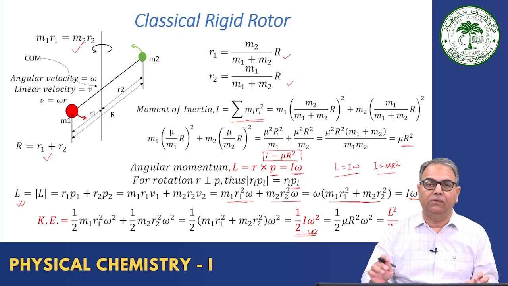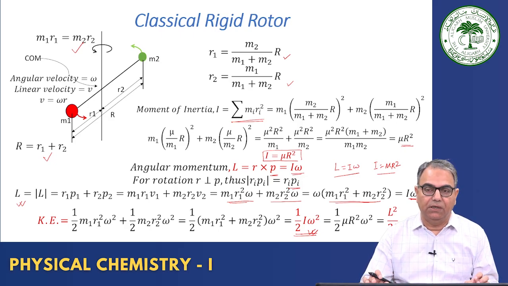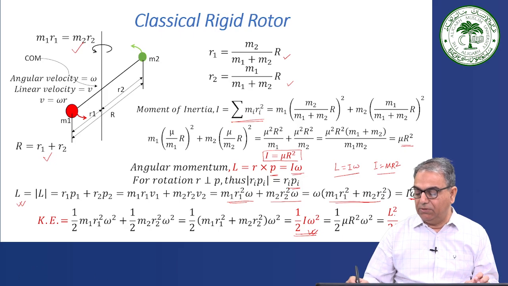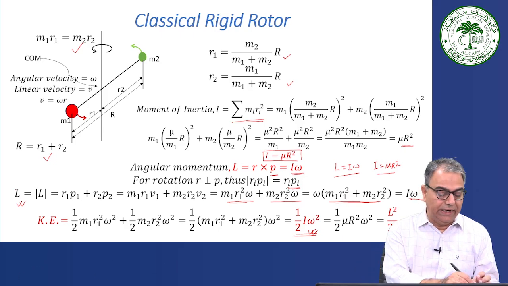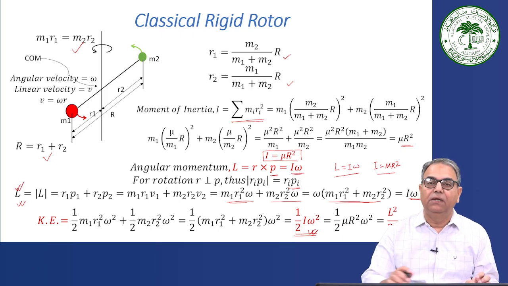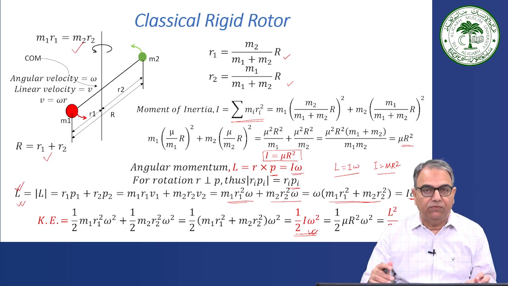The moment we talk about rotating motion, angular momentum comes into the picture. Linear momentum is mass into velocity, and angular momentum is mass into velocity into radius. This angular momentum is always shown as L, and it is a very important quantum mechanical property, about which we will talk in detail in future modules.